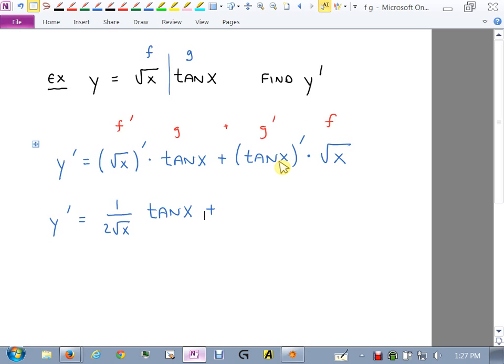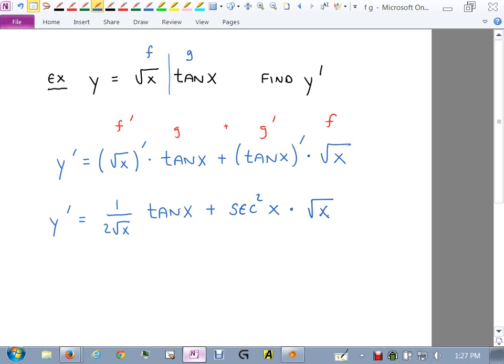How do you know? I gave you a list in your notes last time, and I told you to remember those. You'll have the common derivatives. Secant squared x is one of the common derivatives. Times what? Just the square root of x, no derivative, right?